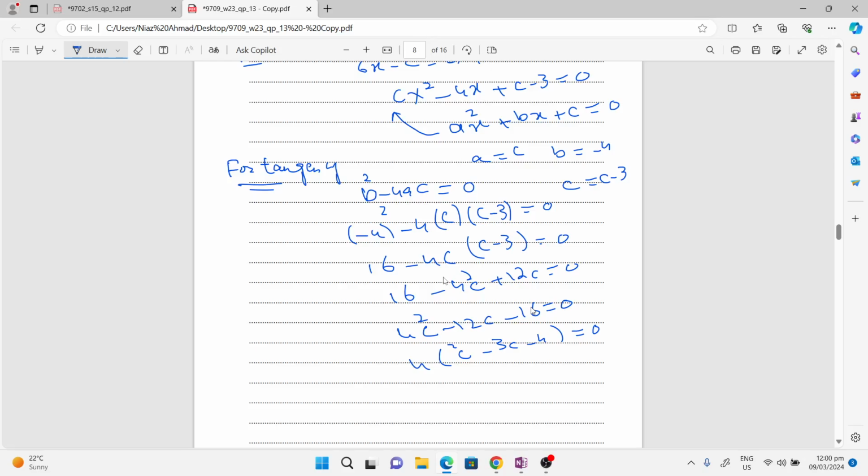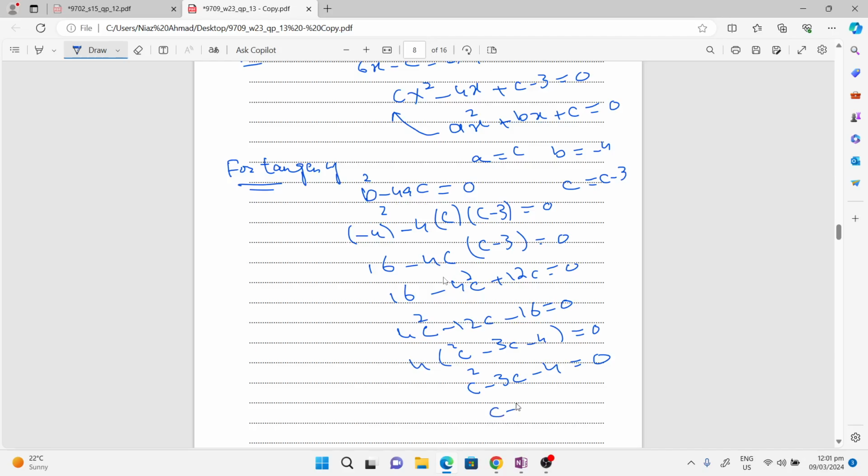So now you have an equation, c square minus 3c minus 4 equals 0. You can use your calculator to get the values for c, or we can do the quadratic middle term breaking. Three ones are 3, so you need two values, minus 4 and plus 1.